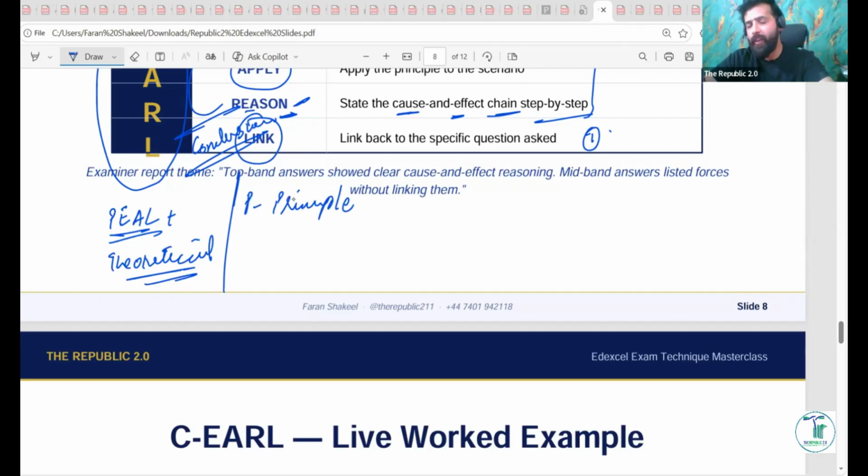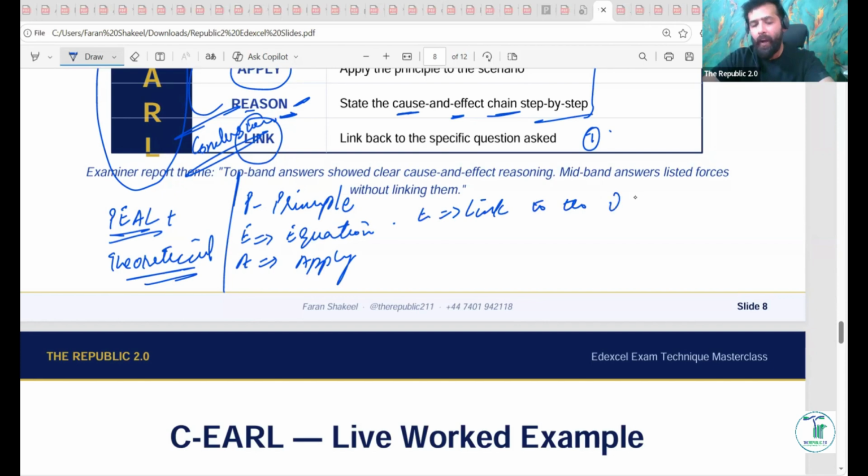First of all, whatever question it is, I need to talk about the principle. Then secondly, I've got some sort of an equation or a mathematical explanation. Then I need to apply it. And then at the end of the day, I need to link to the question. And after linking into the question, we can also do some sort of a comparison.